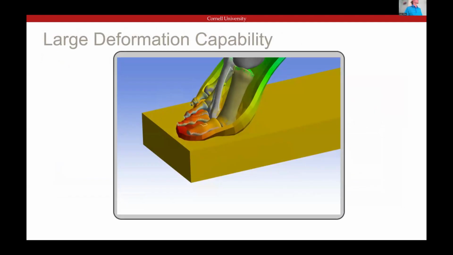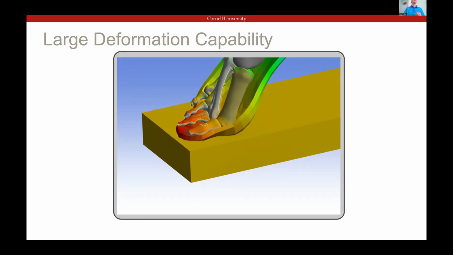One point I want to make about my model is that it handles large deformations very, very well. With the skin modeled as a shell element and the soft tissue modeled as a spring element, it can deform greatly. Especially in toe off here, there is a high flexion in the toes and the skin has to wrap around it.